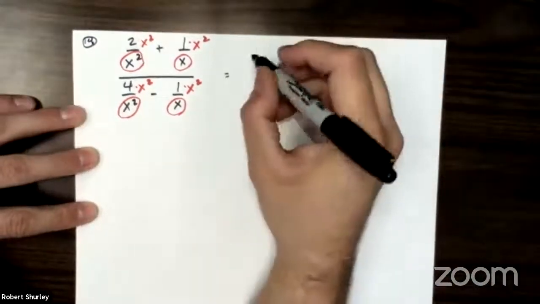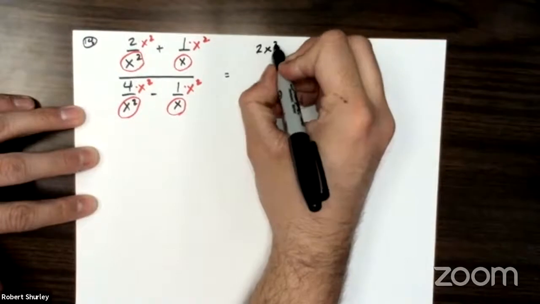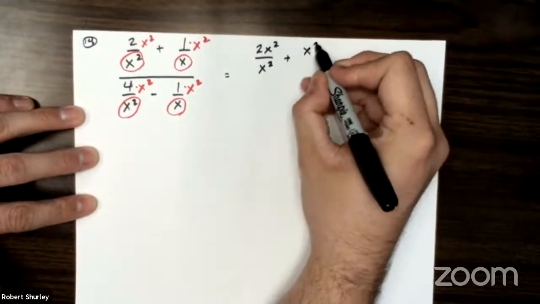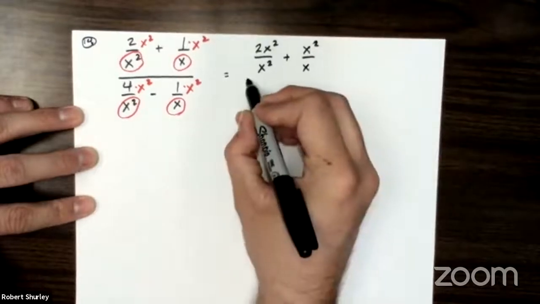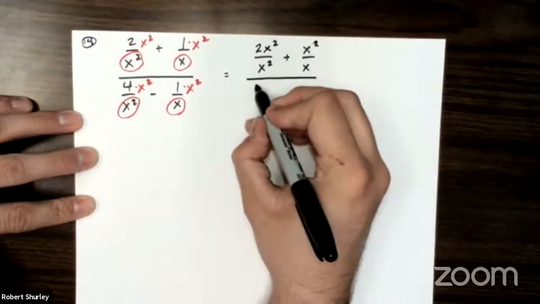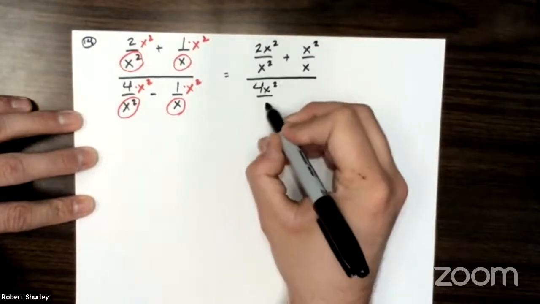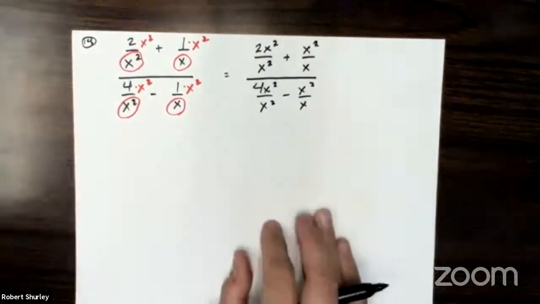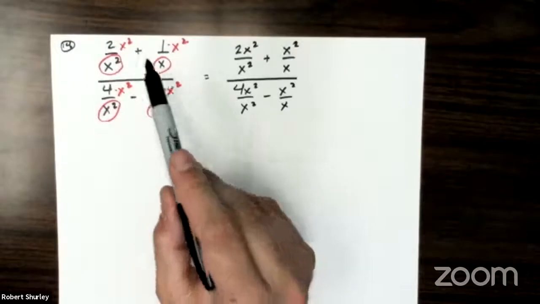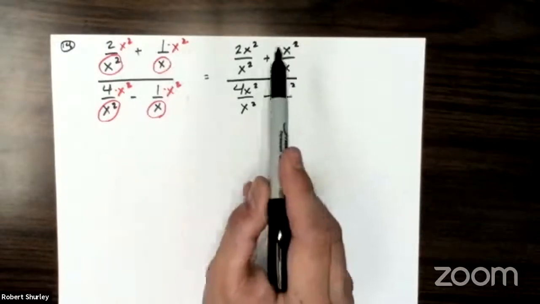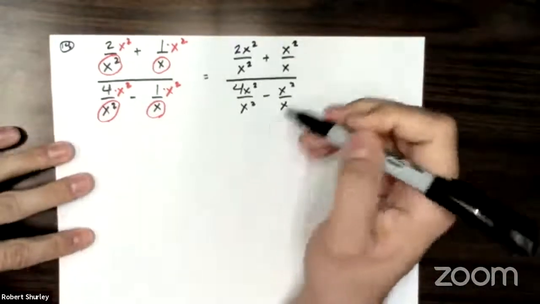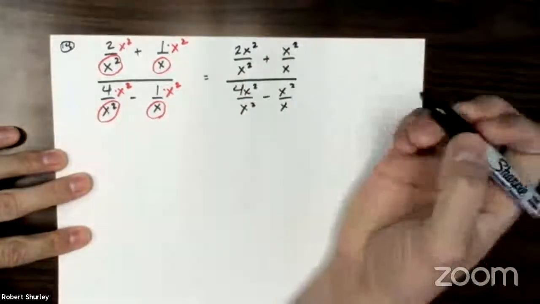So let's see how this kind of shakes out. So we wind up with 2x squared over x squared plus x squared over x, over 4x squared over x squared minus x squared over x, because each one of these numerators now has an x squared. And then what will happen is the denominators cancel.